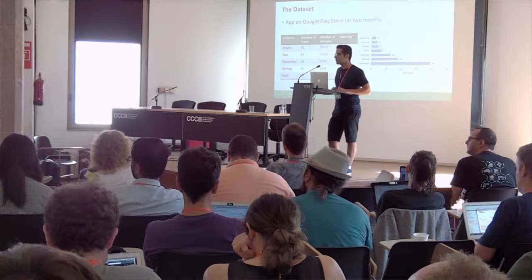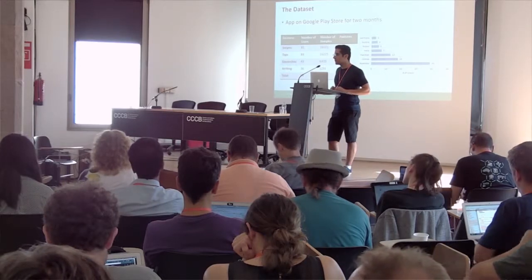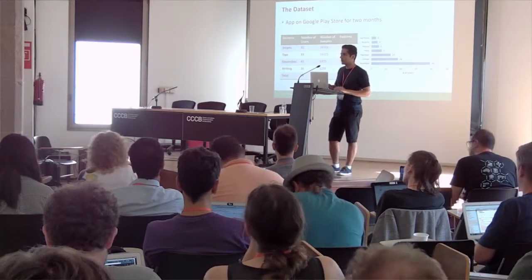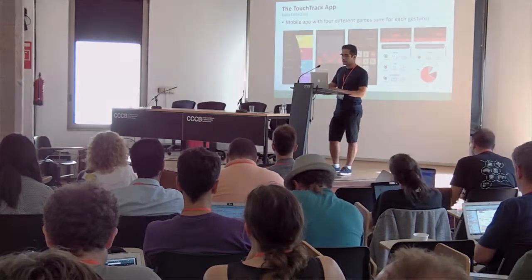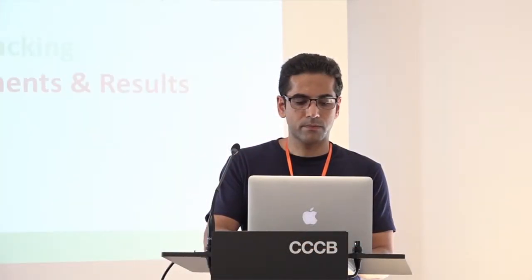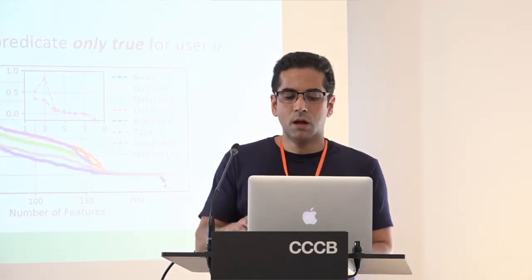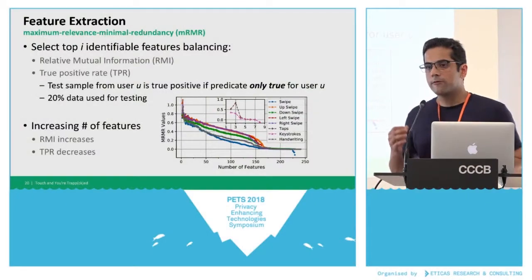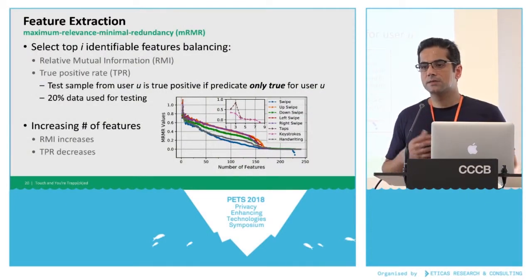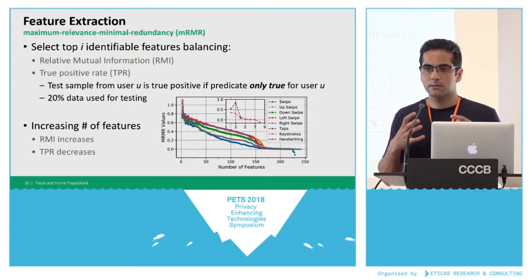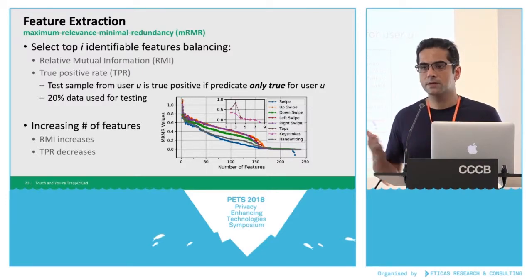Maybe I missed this, but could you talk a little bit about what the feature space looks like and how you made those selections? For each of these gestures, say taps or swipes, we collected the different features that were identified in related studies on, say, continuous authentication, and we had a comprehensive list of them.